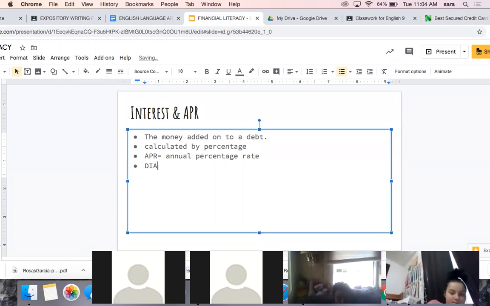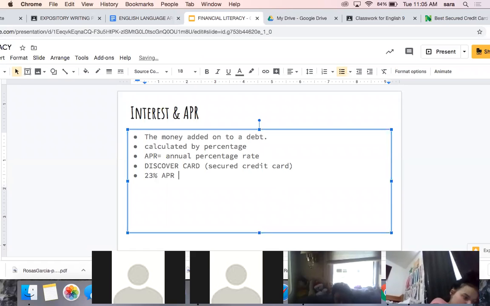So our example here is the Discover card, right? Mind you, this is a secured credit card, meaning if Abby goes to Discover Bank and says, hey, I want a credit card for 500 bucks, that's her secured credit. She puts a deposit, she has a card. This card will start charging 23% APR.